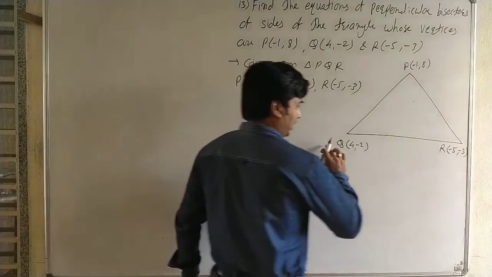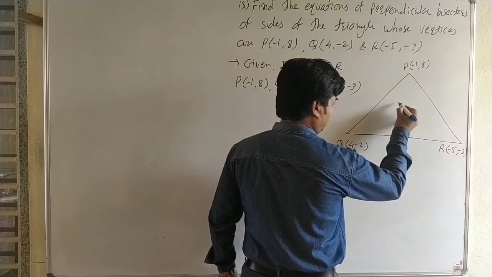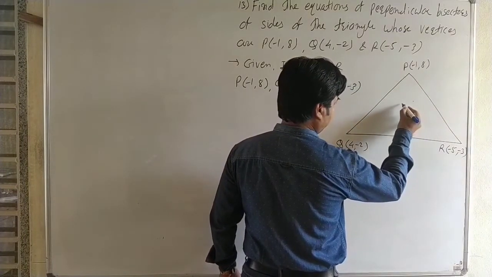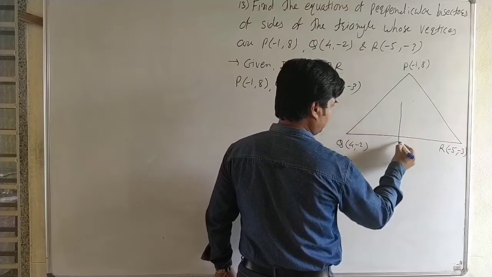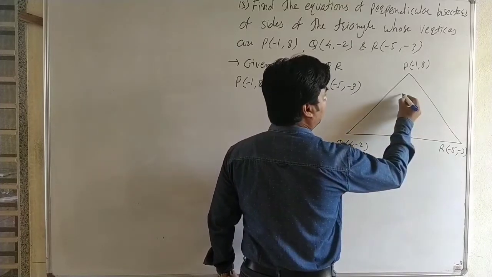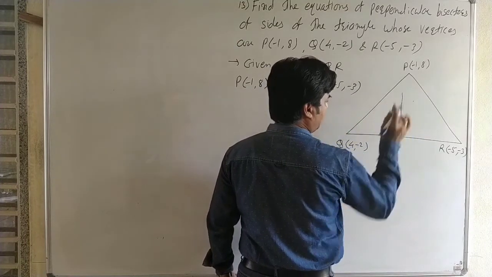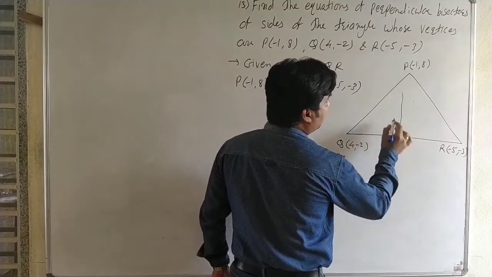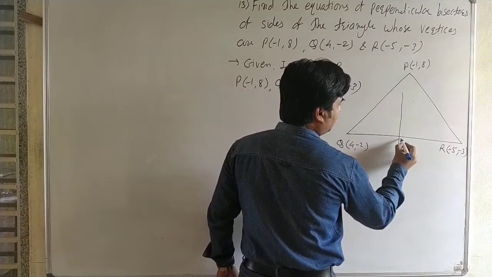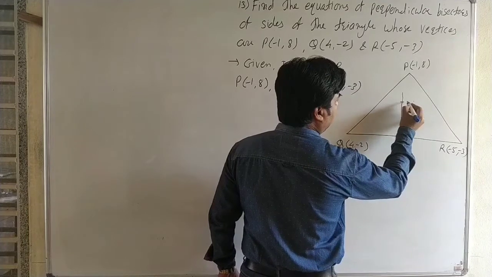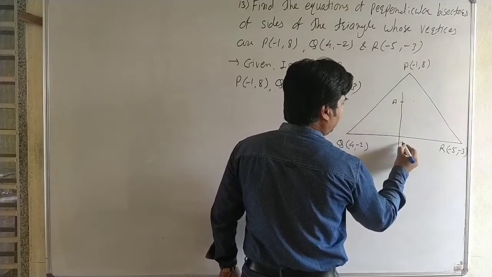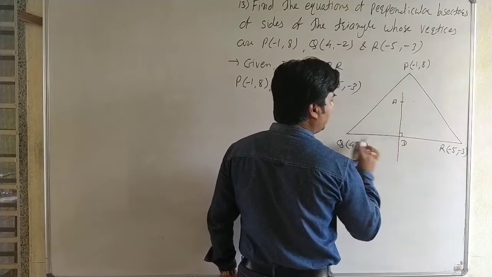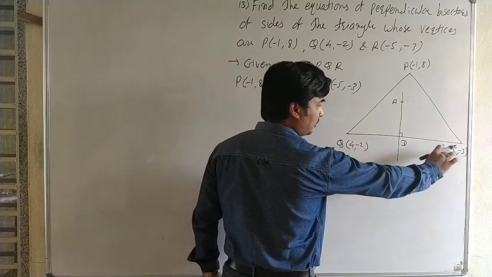Okay. Now here suppose AD is a perpendicular bisector of side QR.